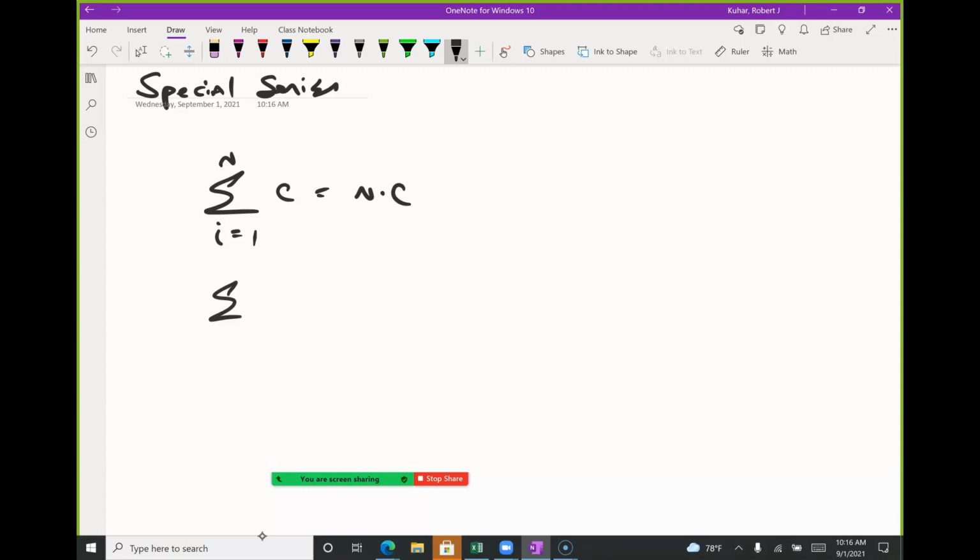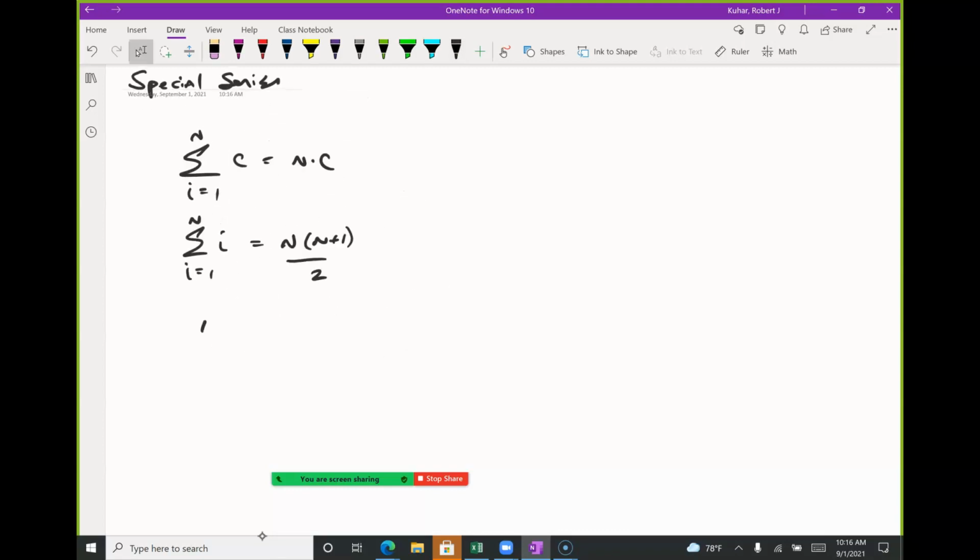The sum of the indices is n times (n plus 1) all over 2. And again, I'm going from i equals 1 to n every time. The sum of i squared, so these are the indices squared, is n times (n plus 1) times (2n plus 1) all over 6.